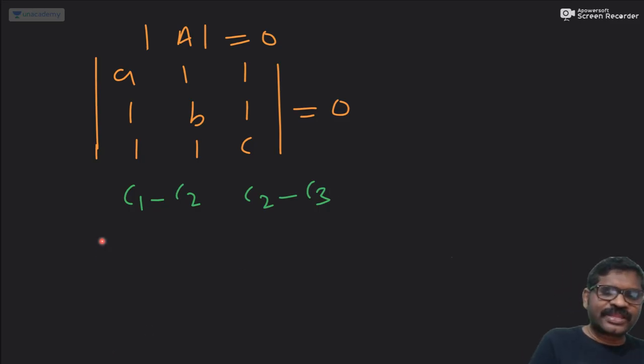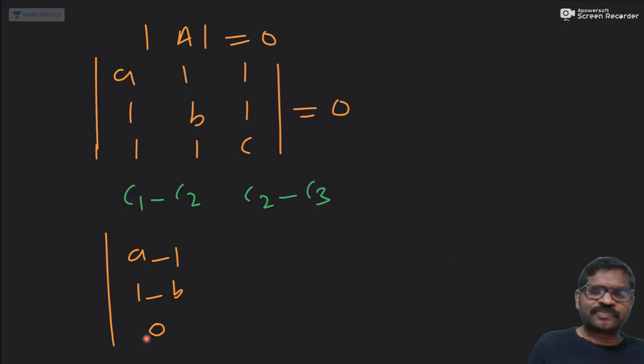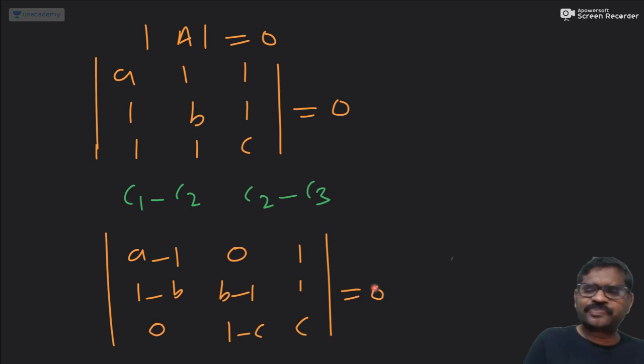Now, a minus 1, 1 minus b, 0; 0, b minus 1, 1 minus c; 1, 1, c equal to 0. Okay? Next.